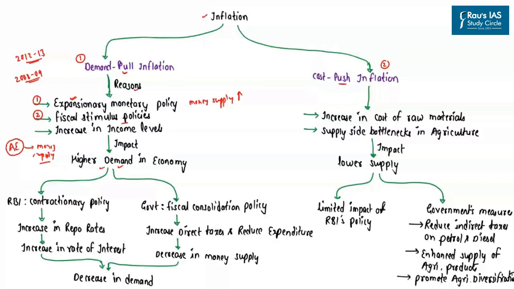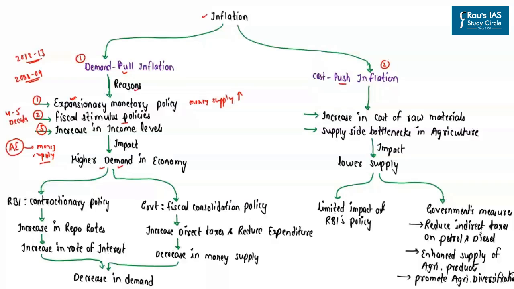That is why the rate of inflation in countries such as the US and the European Union has increased to its highest level in the last 4 to 5 decades. Apart from that, an increase in income levels of persons can also lead to an increase in demand.